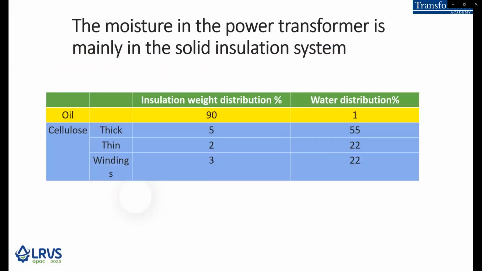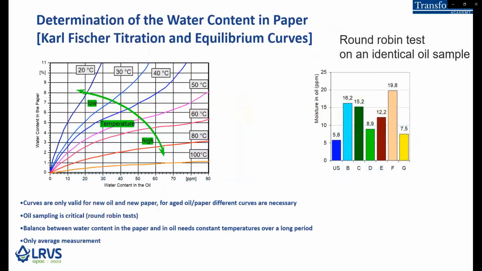Now we can see the main issue for measuring water in oil for power transformer is the fact we don't measure the water correctly, because we measure the water in the oil which contains only 1% of the water. One of the problematic issues with this measurement is that it's a very low, very sensitive measurement.